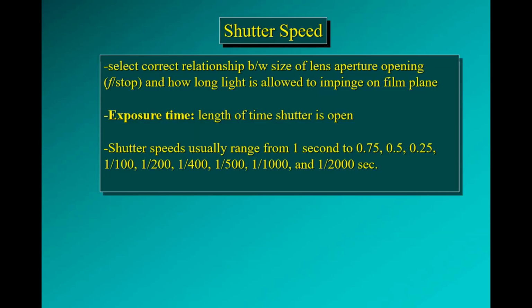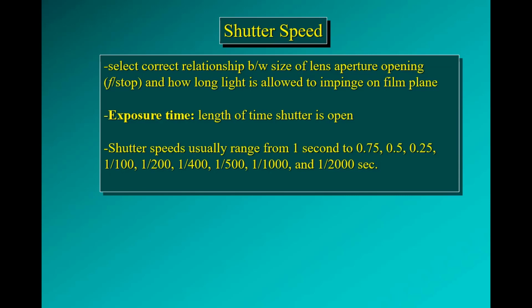In order to ensure that we have proper exposure of the film emulsion, and the film emulsion is the portion of the film that contains the silver halide crystals, which are these light-sensitive grains, and I'll talk more about that later on. But to have proper exposure of our film, it is important to select the correct relationship between the size of the lens aperture opening, or f-stop, and how long the light is allowed to impinge upon the film plane.